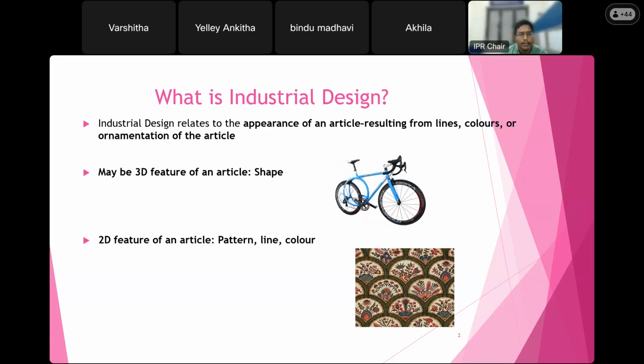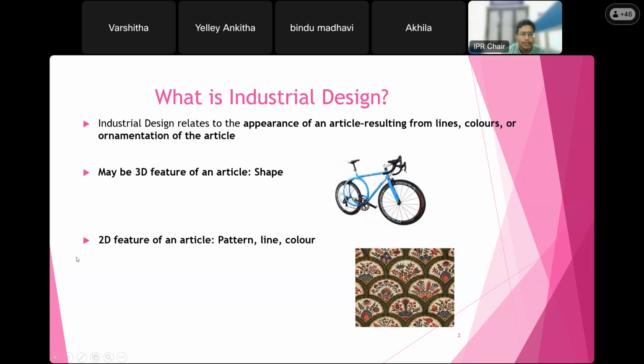If you take a 3D picture of an article, say a cycle, how the cycle looks like, the appearance of the cycle, you can protect. So industrial design does not protect the features. Unlike a patent, which protects the innovation and features, industrial design protects only the appearance of an article.